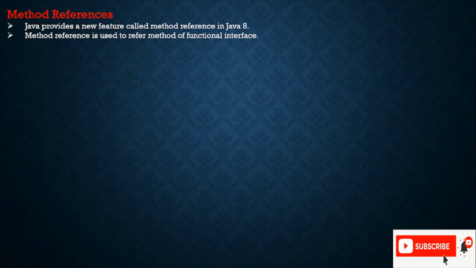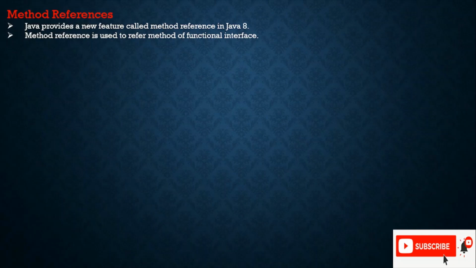Let me quickly go through how we give the implementation to the functional interface by using the method reference, and how many types of method references there are as part of Java 8. For example, in the last video I explained a calculator class which has one calculate method, and we gave the implementation by using the Lambda expression.